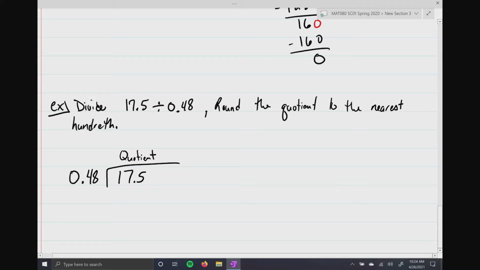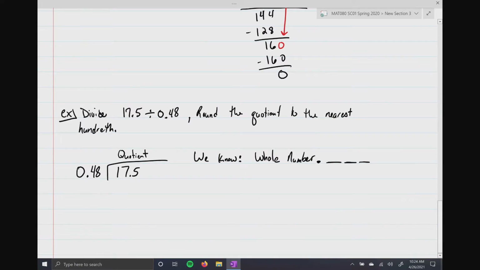Here's why. We know decimal numbers have a whole number out front. Then it has the decimal part. And then you have the names of all your places. So that's the tenths. 2 places, Savannah, would give me the hundredths. But I have to round.